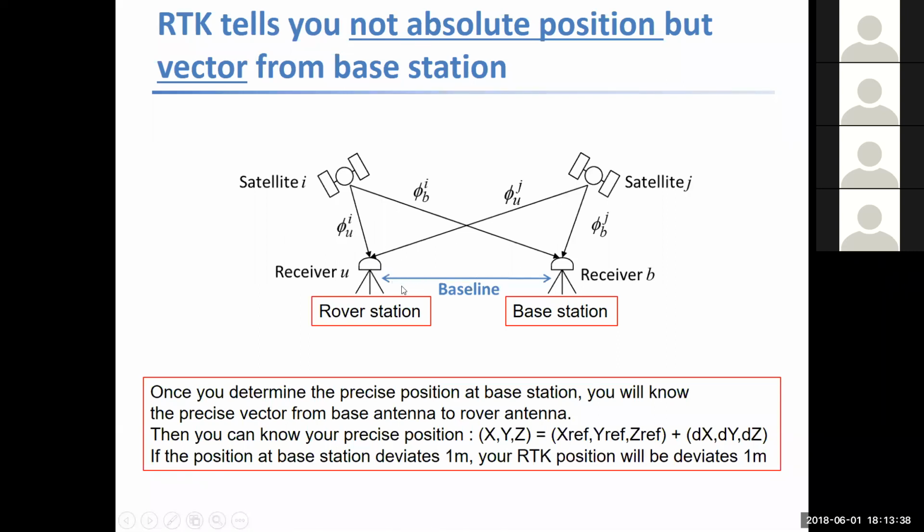And then you will know your precise position: the user rover position XYZ is equal to X reference, Y reference, Z reference, plus dx, dy, dz in three dimensions. So RTK tells you only dx, dy, dz.